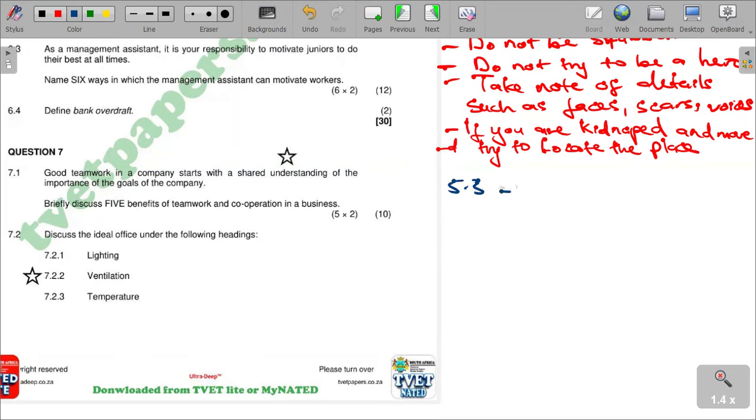The management assistant must take care of the routine tasks, which are typing, and also even act as an interpreter, as well as make arrangements and reservations.